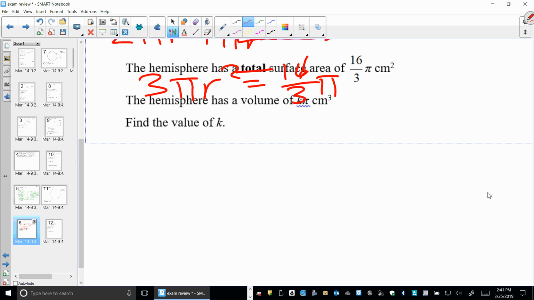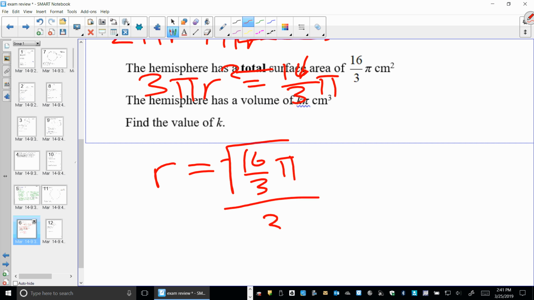And then if you simplify this more, I think I'm spending too long simplifying this, but whatever. 16 divided by 3 pi, over 3 pi. That's what my note says, it probably isn't right. Anyway, put in the calculator, it simplifies even more to 4 over 3, which is a good number.